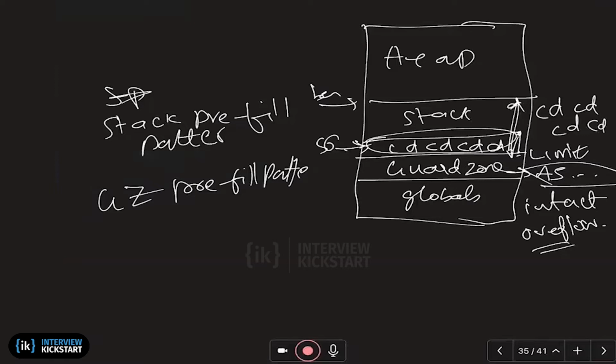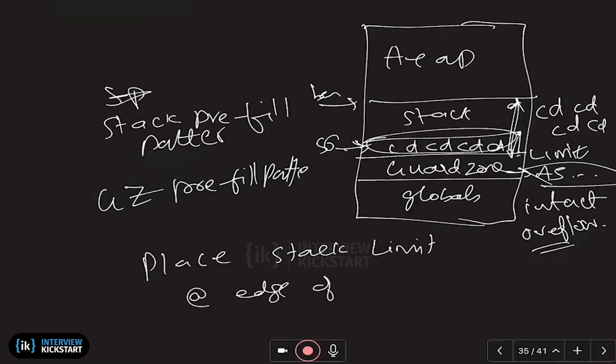This is basically how compilers and debuggers can provide you stack information, but you can do that yourself without the debugger. Of course, there are other techniques. For example, you place the stack limit at the edge of protected memory, or non-existing memory, right?